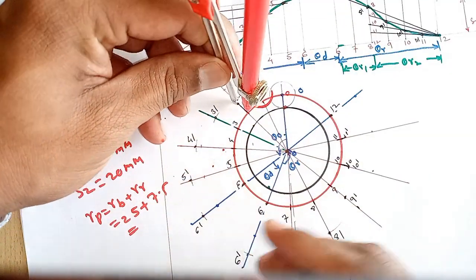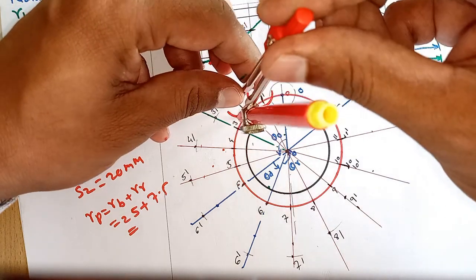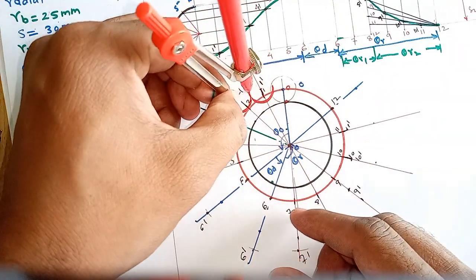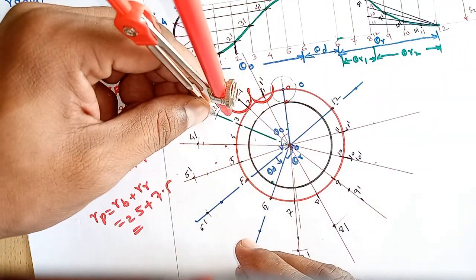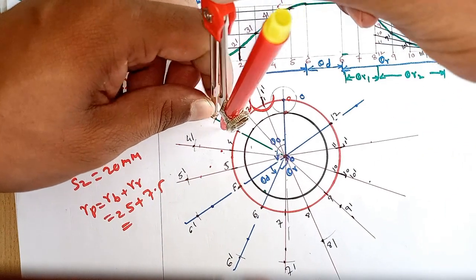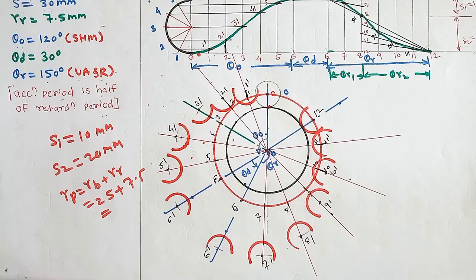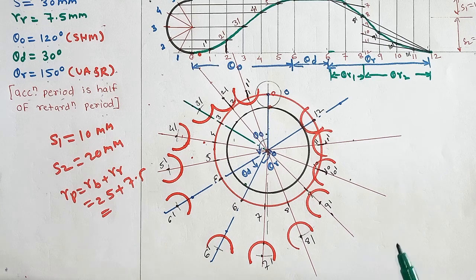So we draw the roller at all the instants. Instant number 2, and so on.